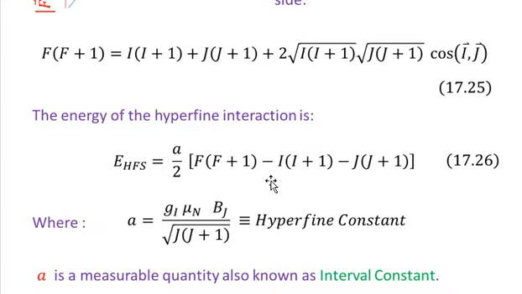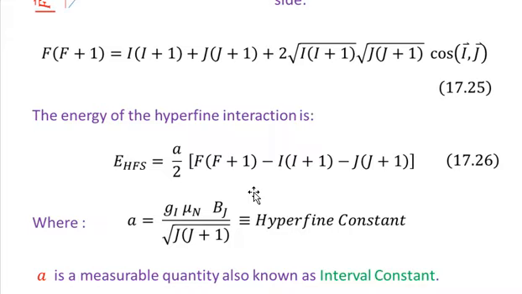So you see that equation number 26 is very important for us. We can use this equation to calculate the hyperfine energy of any level, provided we know the values of the quantum numbers F, I, and J. Since EHFS is measured from the hyperfine spectra, the left hand side is known, and if the value of J is known to us, then we can find the other values also.